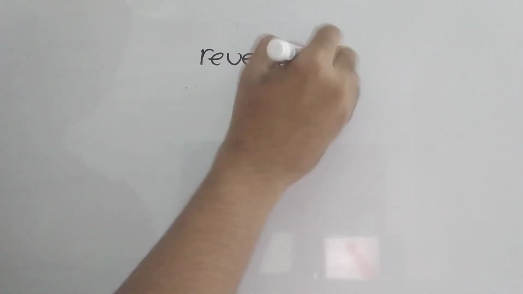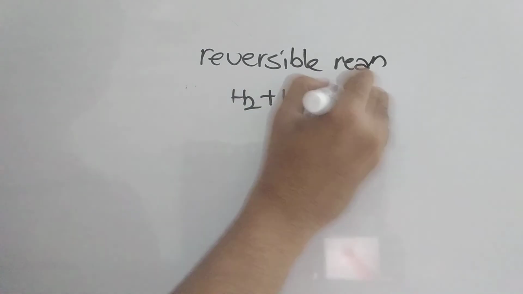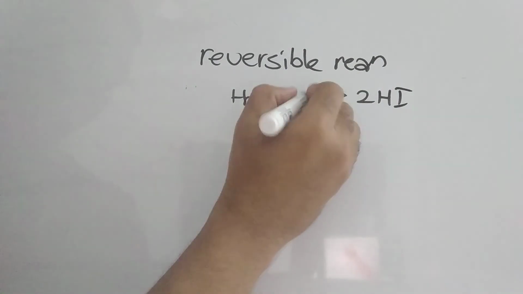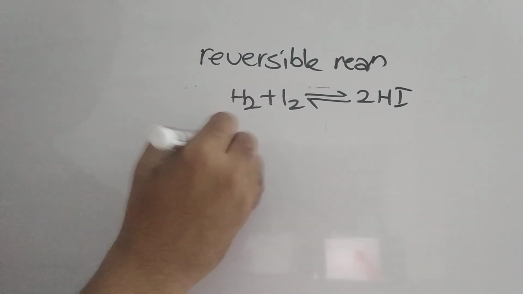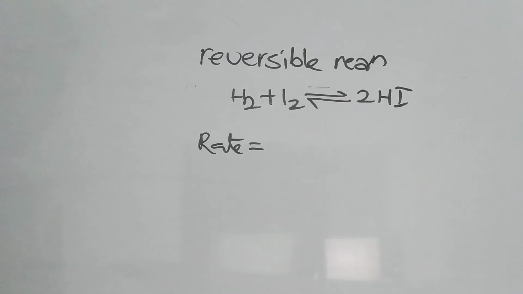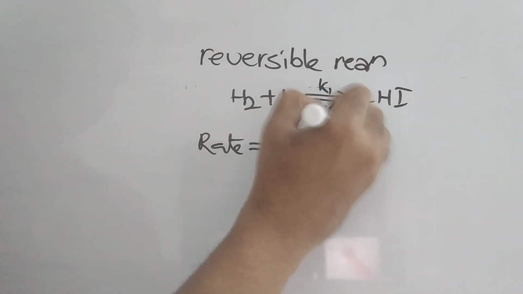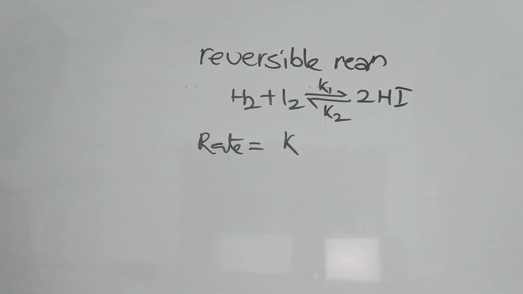For example, a reversible reaction. H2 plus I2 gives rise to 2HI, and I am making it a reversible reaction, H2 plus I2 in equilibrium with 2HI. In this case, I call the rate constant K1 for the forward reaction and K2 for the backward reaction.